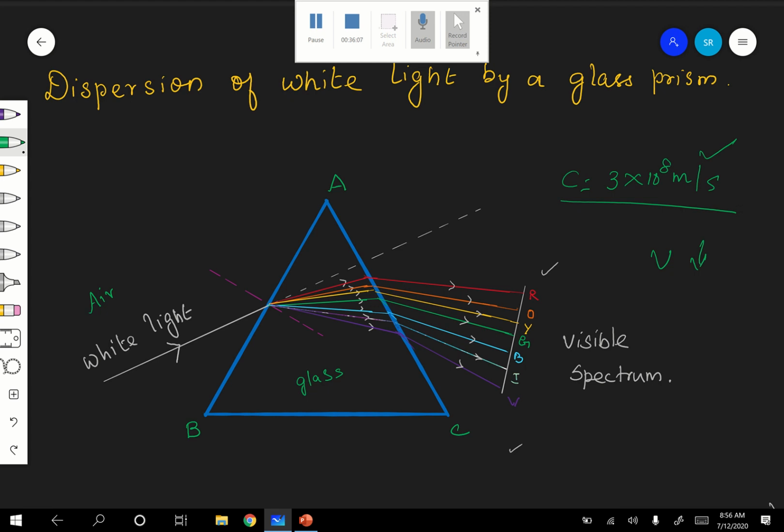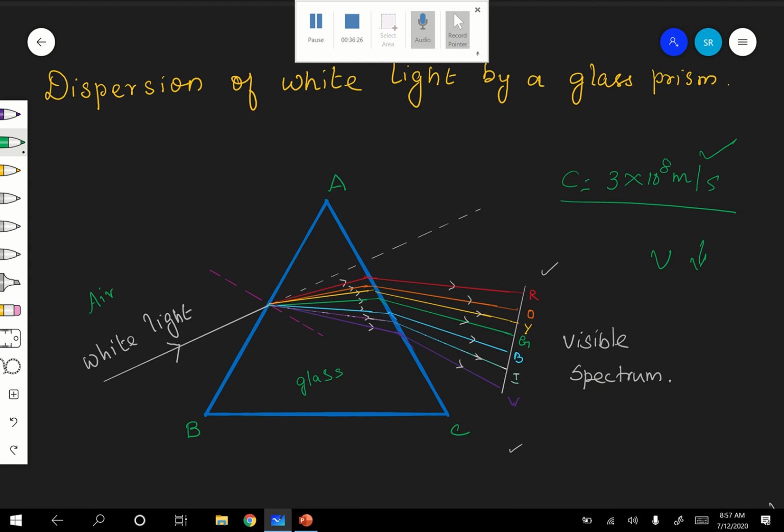If the decrease in speed is also the same for all the colors, there won't be any splitting here. But here, the decrease in speed for different colors is different.